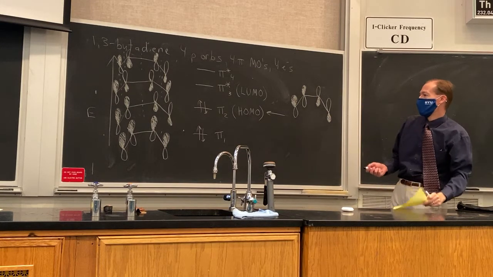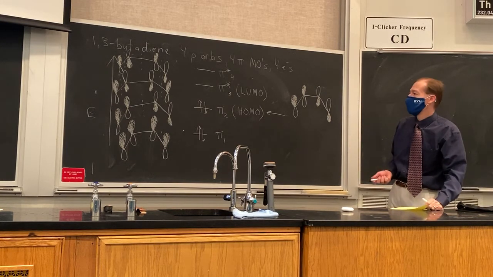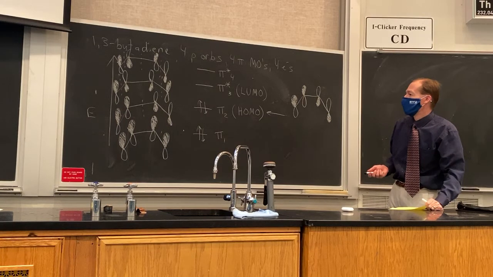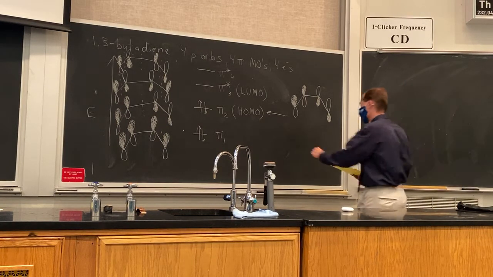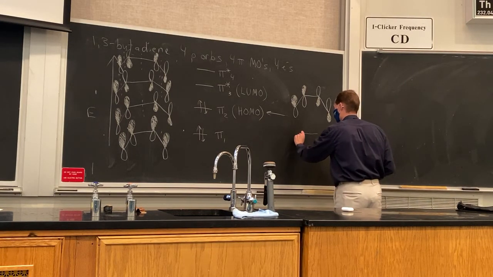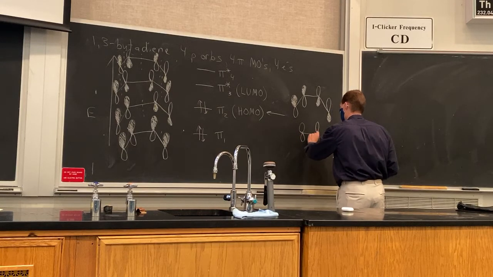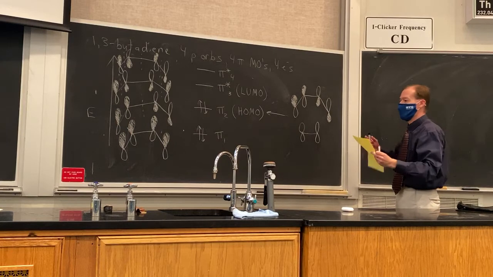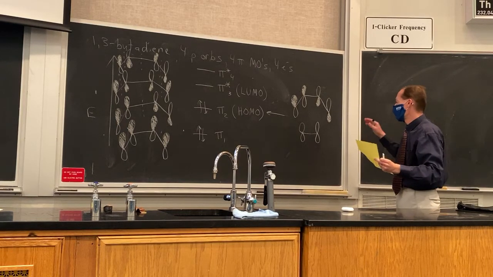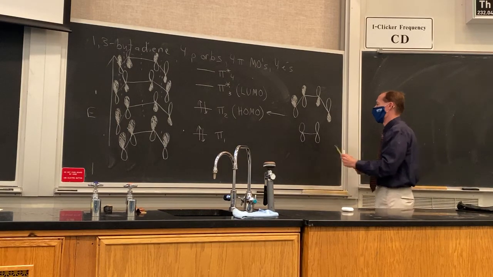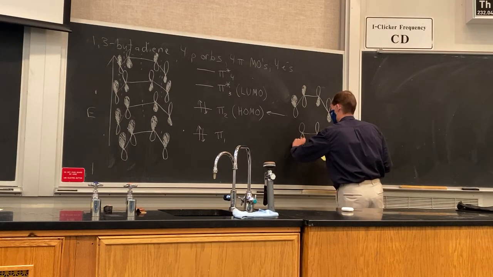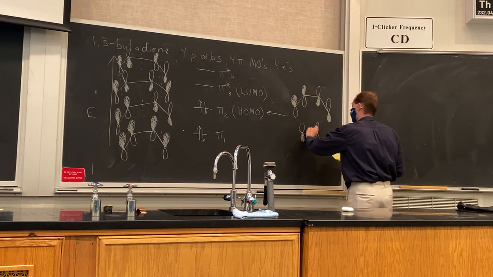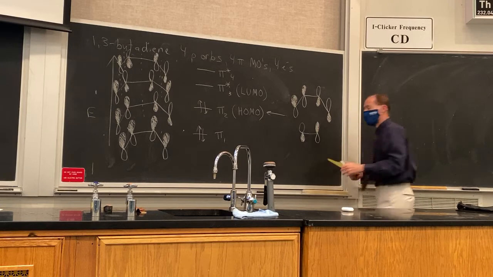Then we need to draw the LUMO of our dienophile. We'll put that right here. And it has 1 node. It doesn't matter if we shade up or down as long as we have it opposite and we have that node in place. So I'm going to shade the bottom lobe here and the top lobe here.